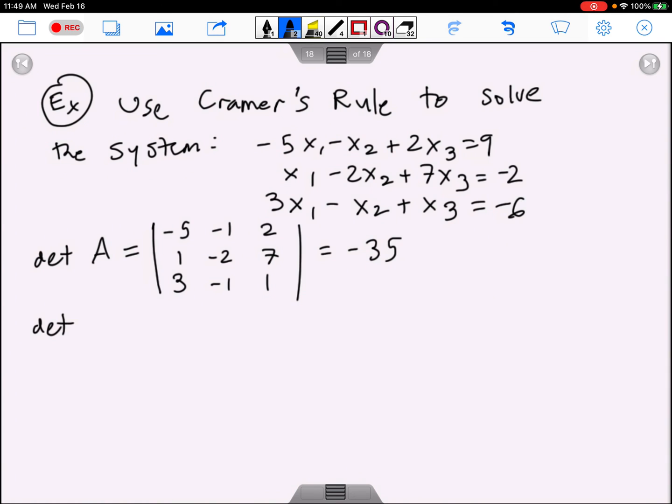And now we need to do the determinant of all of the BKs. Remember, what's a BK? Starting with B1. This means we're going to take the matrix A, but we're going to replace column 1 with B. Remember, that's B right there.